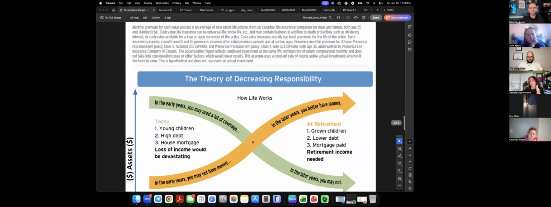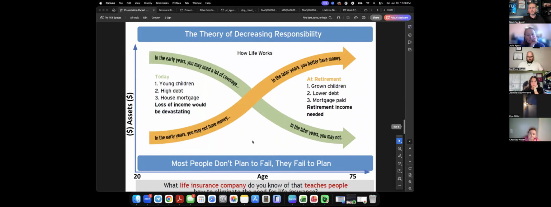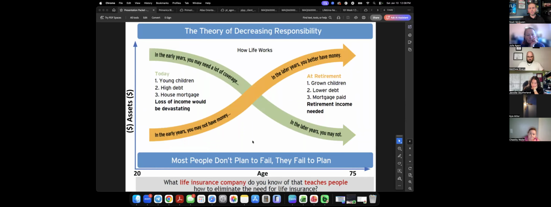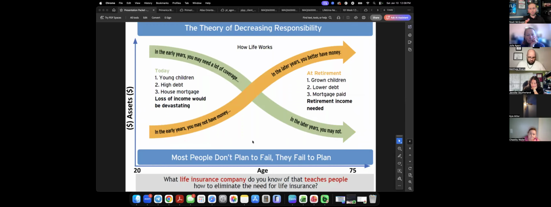And then decreasing responsibility. This one's obviously kind of a big deal. You've never seen it presented like this before because I put this on here. The decreasing responsibility chart is the same. What's different that you've probably never seen before is, most of you have heard me talk about it in terms of a graph. So remember in school, y-axis, x-axis, that sort of thing.